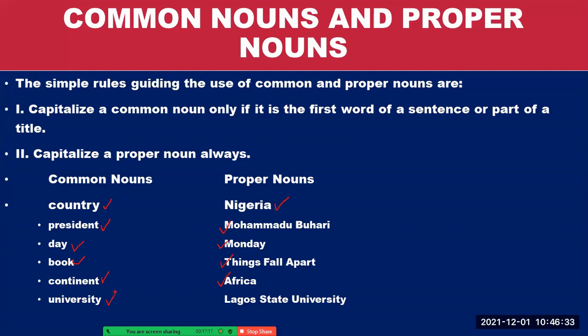Talking about university, there are different universities in the world, but Lagos State University is the name of a particular university, all right? So it's a proper noun. And if you take note of how proper nouns are written, they always begin with a capital letter.